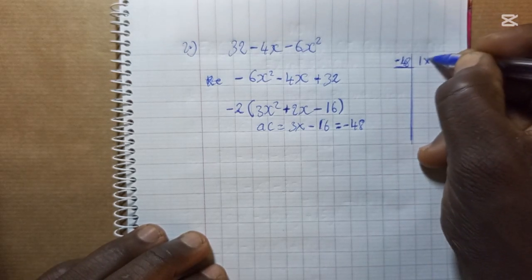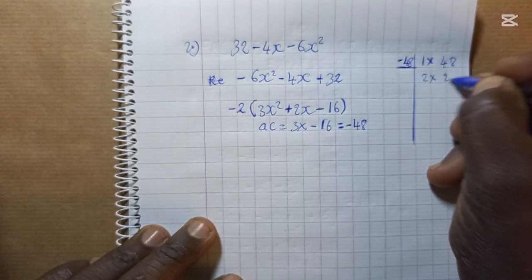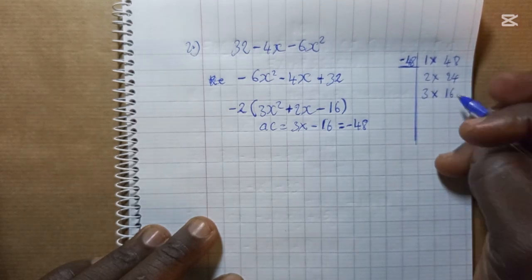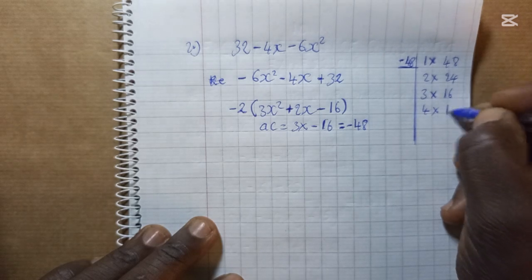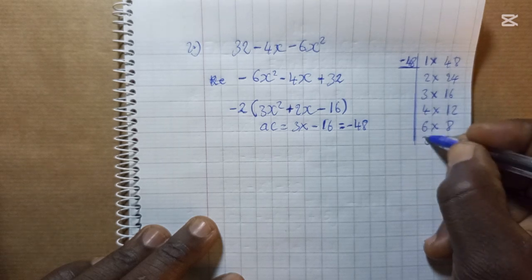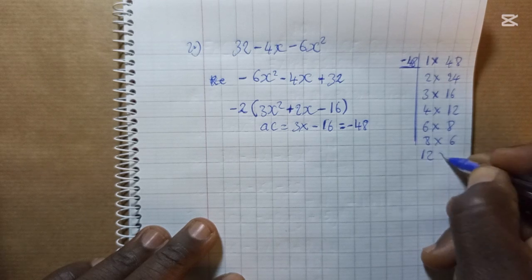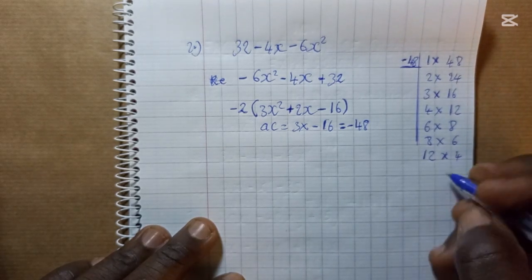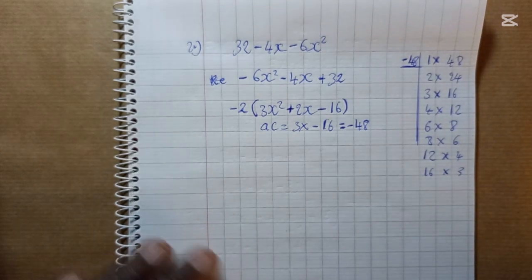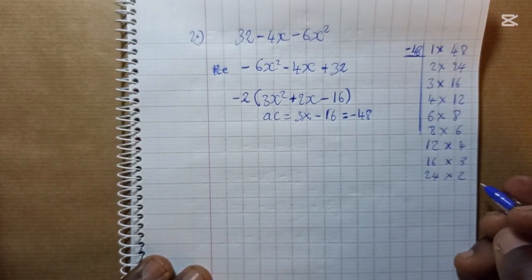We have 1 times 48 can give us 48. 2 times 24. 3 times 16. 4 times 12 can give us 48. 6 times 8 can give us 48. 8 times 6. 12 times 4. 16 times 3. 24 times 2.